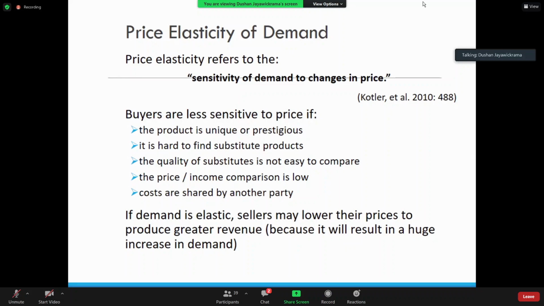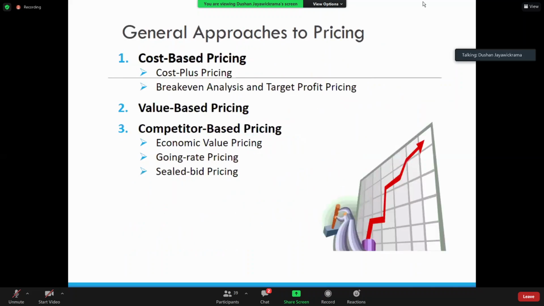If you are earning maybe 200,000 or 300,000 salary, an increase of the Saban soap price from 70 to 140 may not be that impacting on you. So you are less sensitive to that. But for a person who has relatively low income, that increment would be something significant for them. Likewise, you need to have these factors clearly understood.